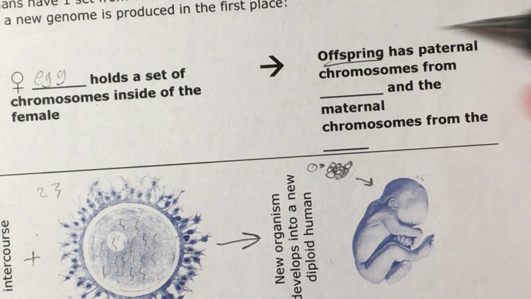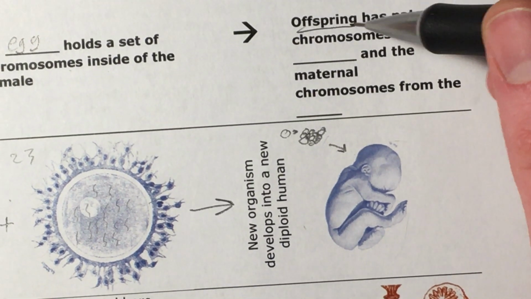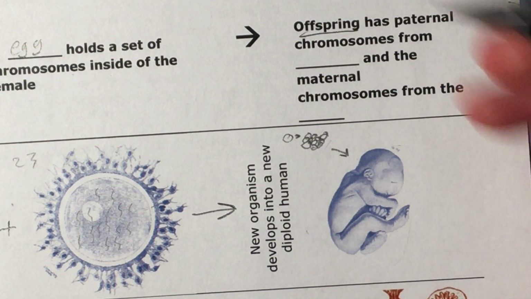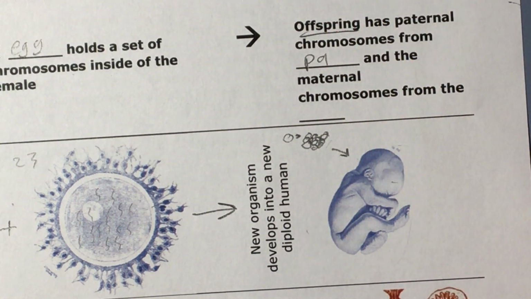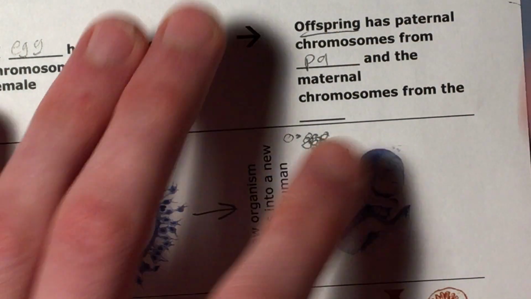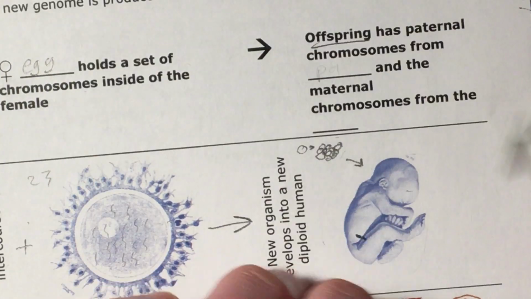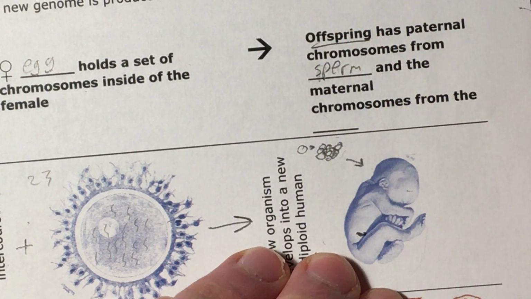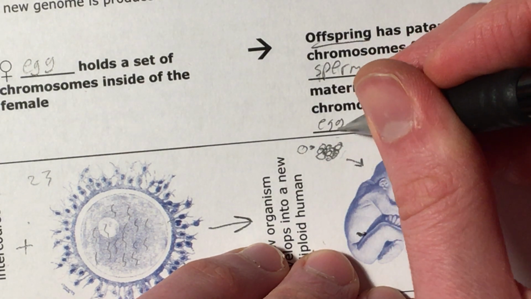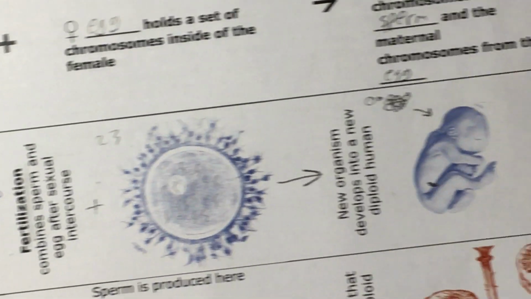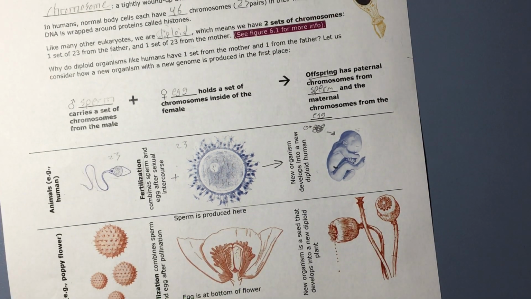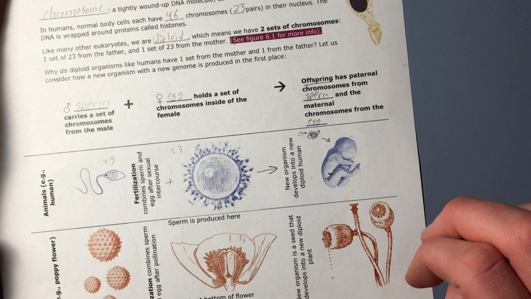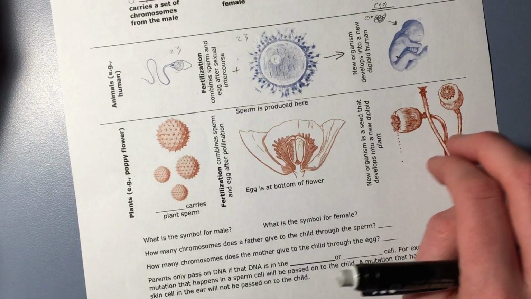So offspring is just anything that's being formed from this process, okay? So now this offspring has paternal chromosomes from the father and maternal chromosomes from the mother. Actually, I'm going to write sperm and egg here: paternal chromosomes from the sperm and maternal from the egg. So that fertilized egg is the first cell that you existed as. You used to be a unicellular organism, okay?